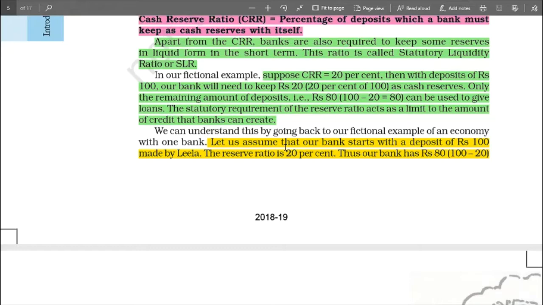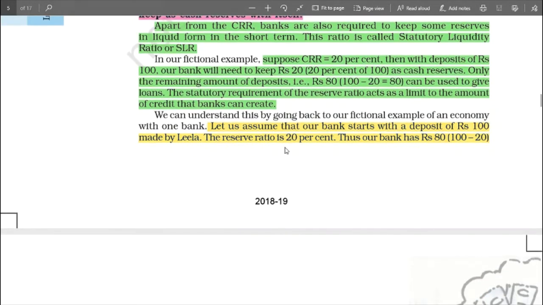So if 20% is the CRR, out of the 100 minus this 20%, what's left is 80 rupees.